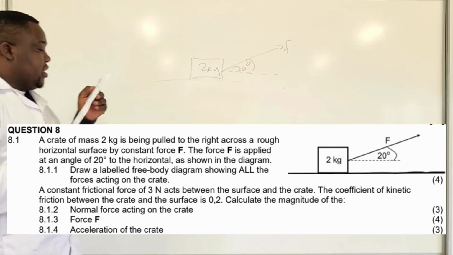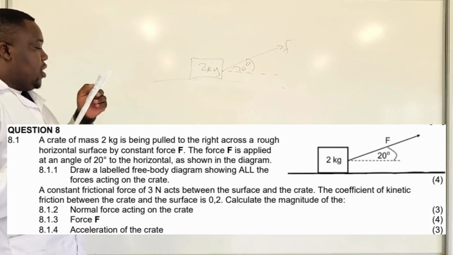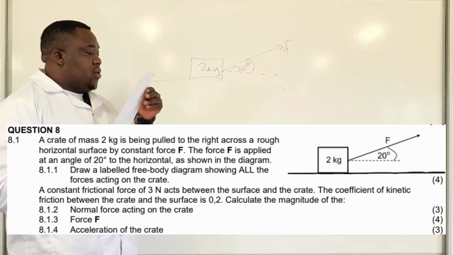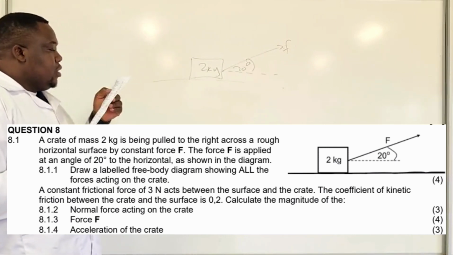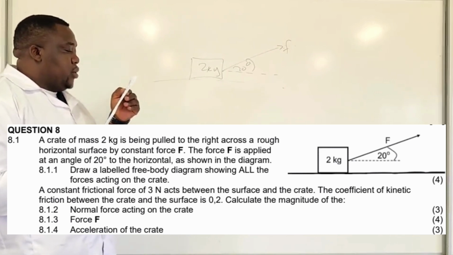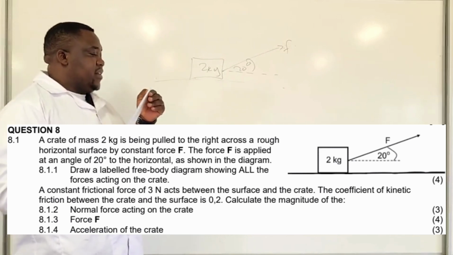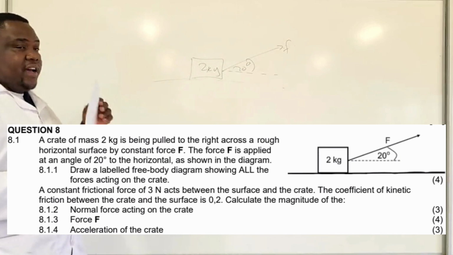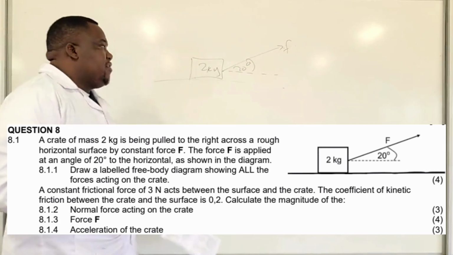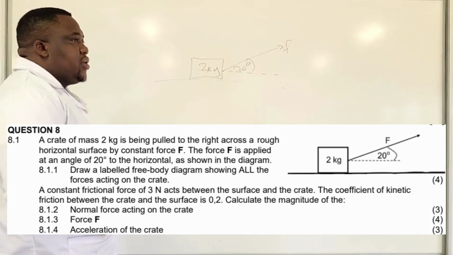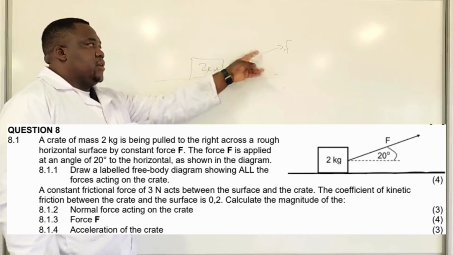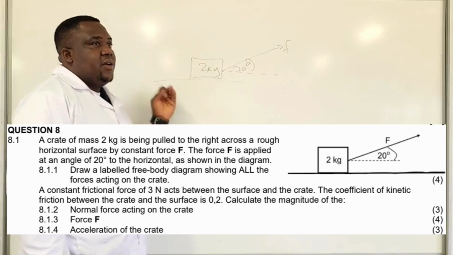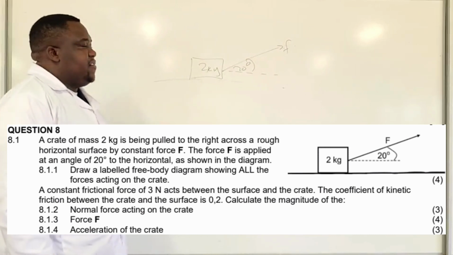The first question says: draw a labelled free body diagram showing all the forces acting on the crate. Okay, let us draw a free body diagram. We know that there are 4 forces that are going to act: frictional force, applied force, as you can see, is force F, normal force, and gravitational force.